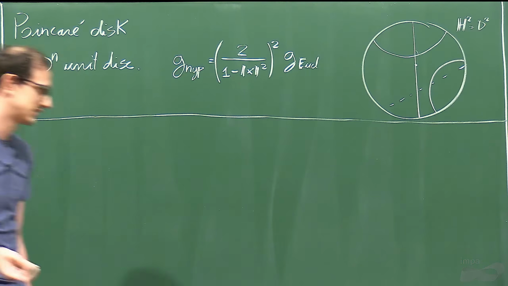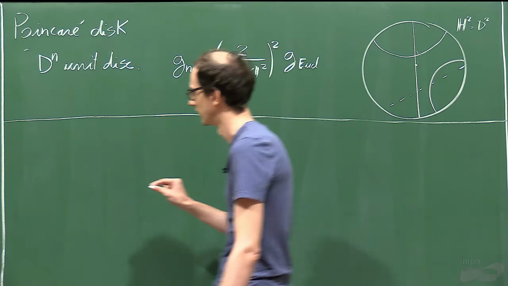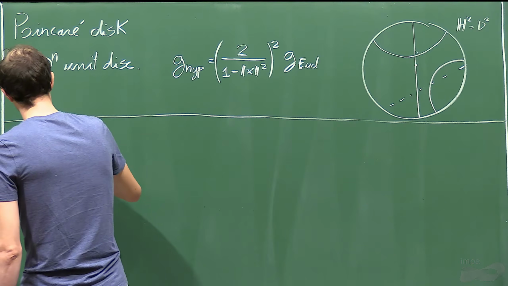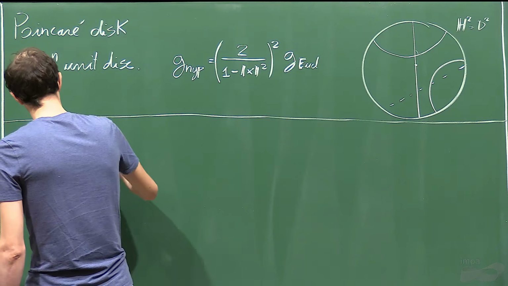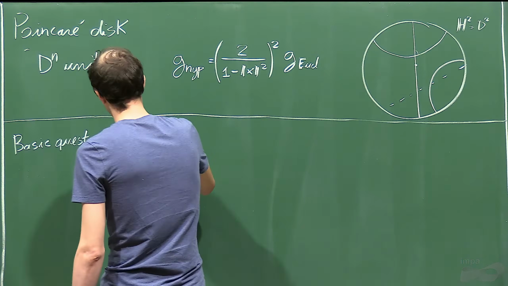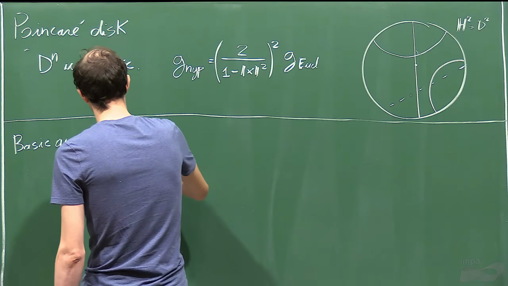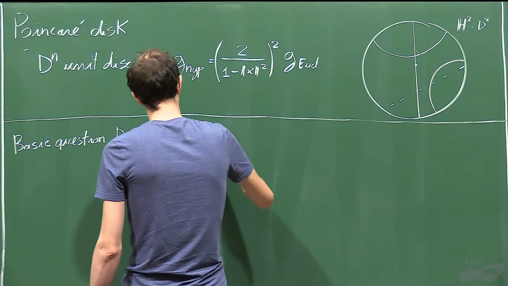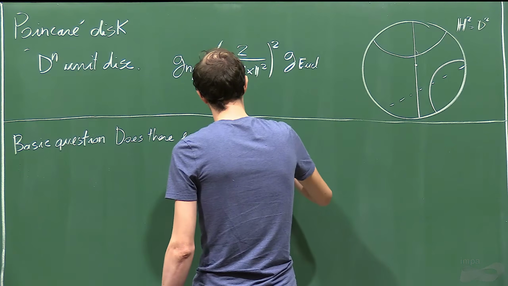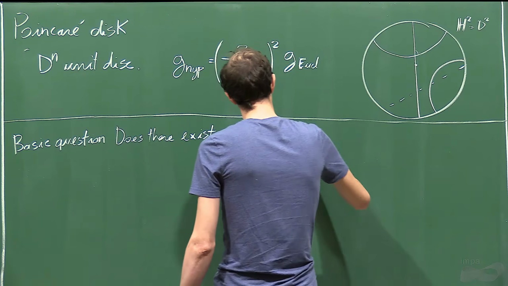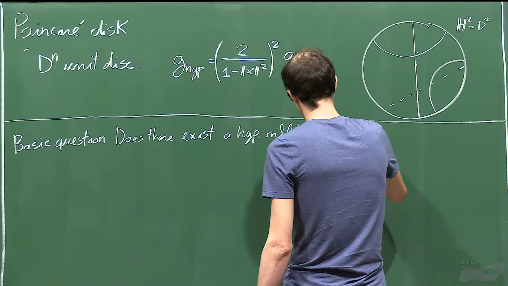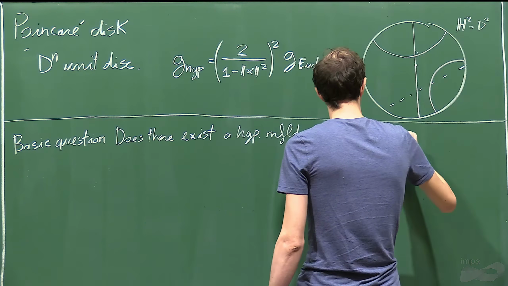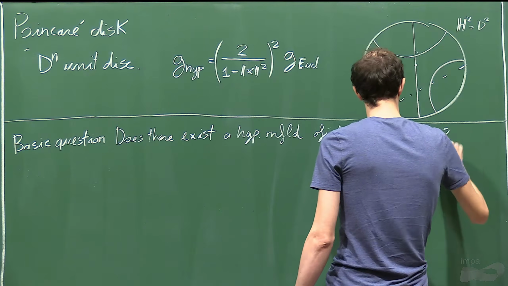One question that Matthews asked in the last lecture was, does there exist a hyperbolic manifold of dimension n for every n?